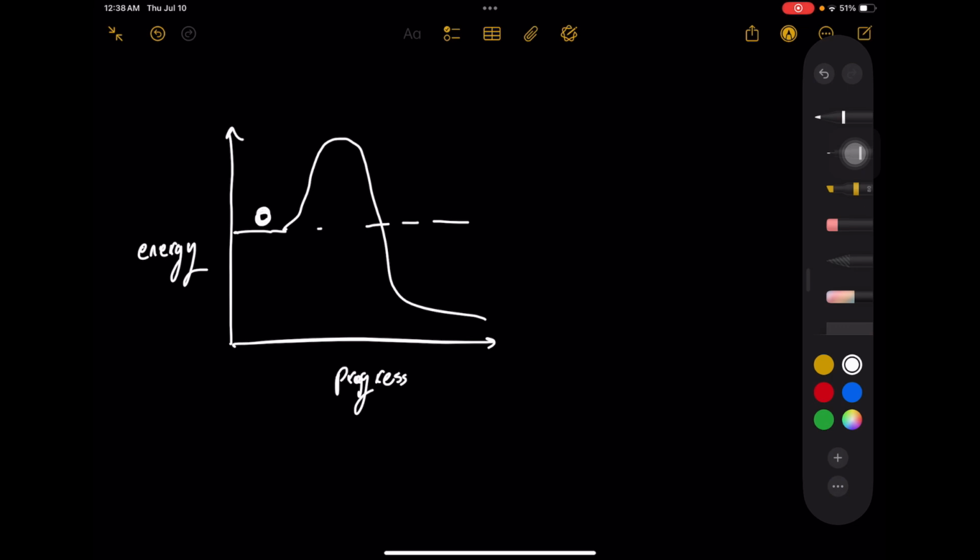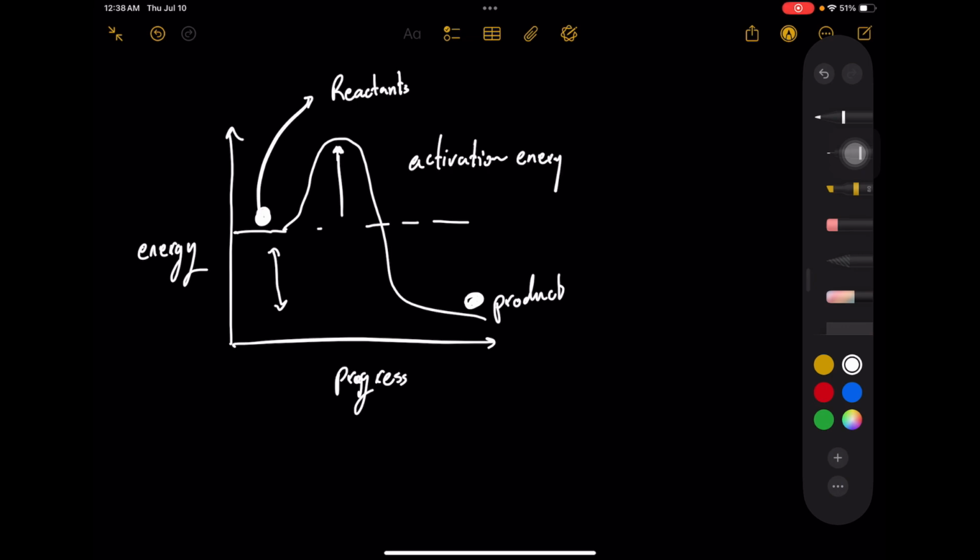These are our reactants over here, and we have our product here. Notice that after we get our product from the reactants, the energy has been lowered. And the distance from here to there is the activation energy required.